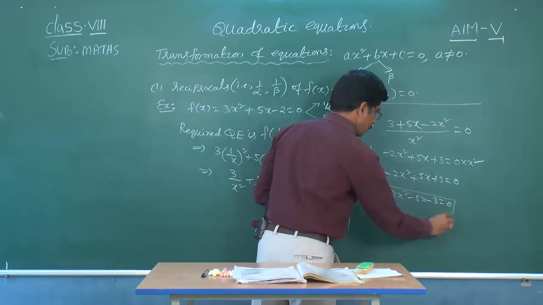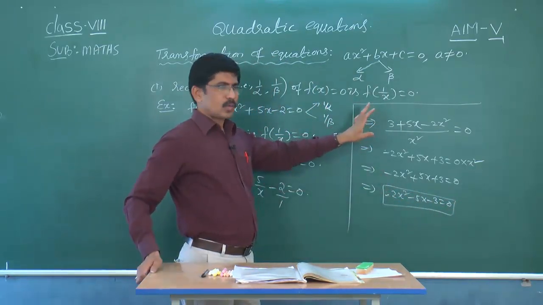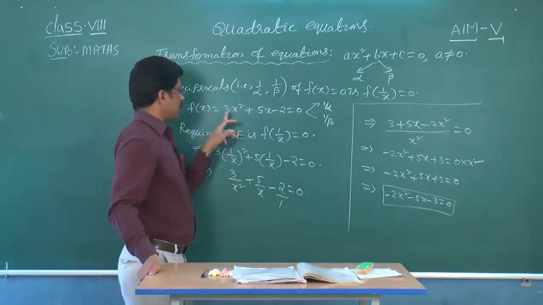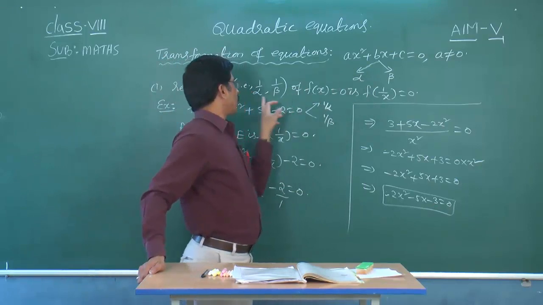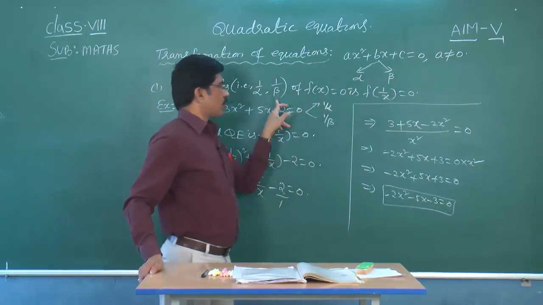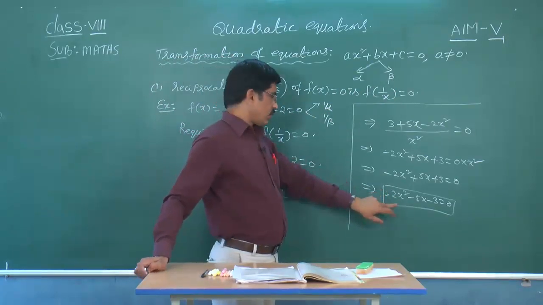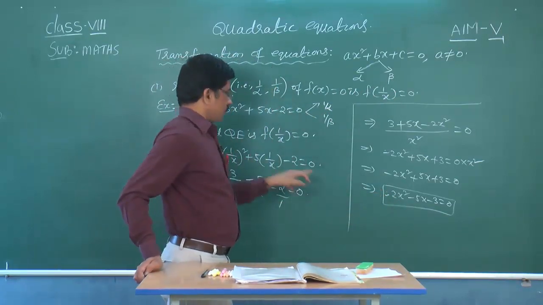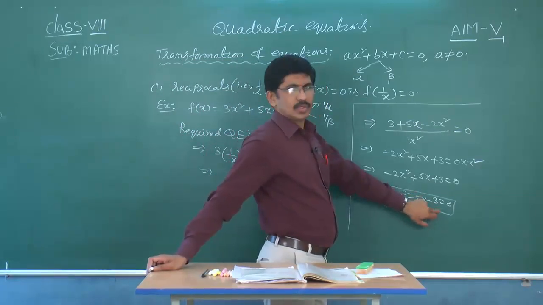It is the required equation when the roots are reciprocals of each other, instead of alpha it is 1 by alpha, instead of beta it is 1 by beta. That is, the required equation f of 1 by x is 2x square minus 5x minus 3 is equal to 0.